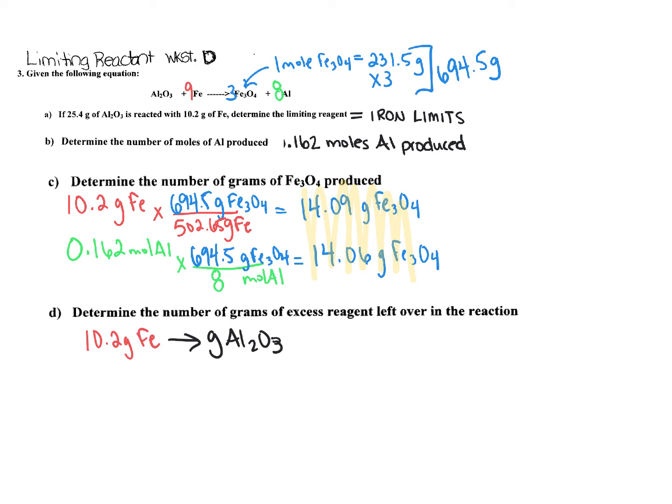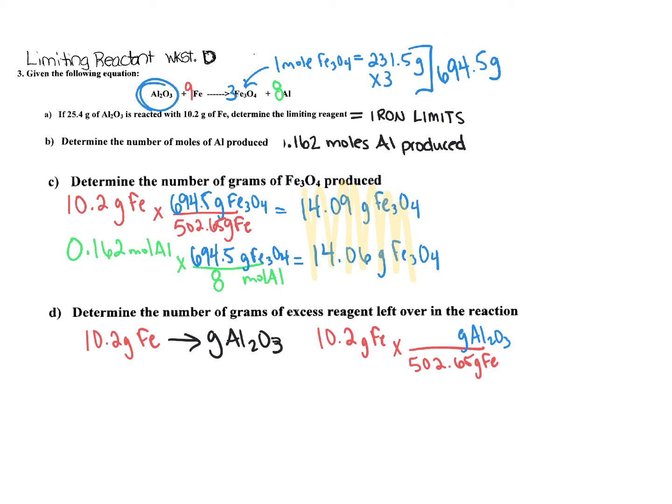And I'm going to figure out how many grams of aluminum oxide am I going to need to do that. So if I start with my 10.2 grams of iron, I already know from the problem above that I need 502.65 grams of iron. What I need to find out is how many grams of aluminum oxide do I need.